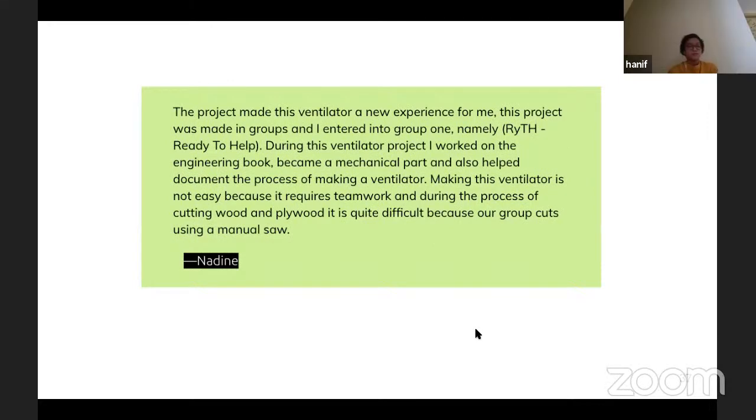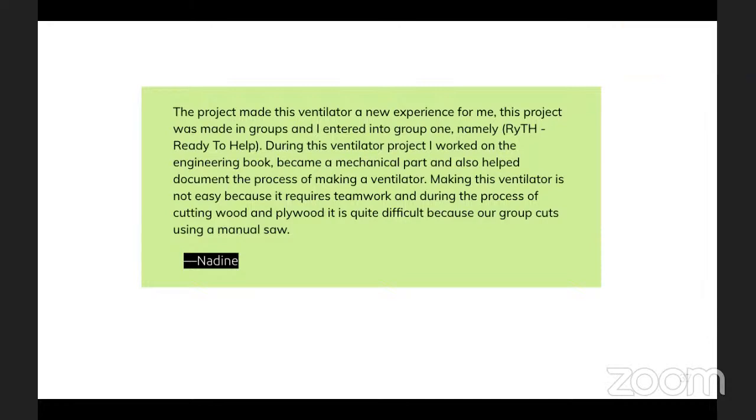During this project, I worked on the mechanic part, and now we are working on another project. In this project I was in group one and I got the mechanic part.